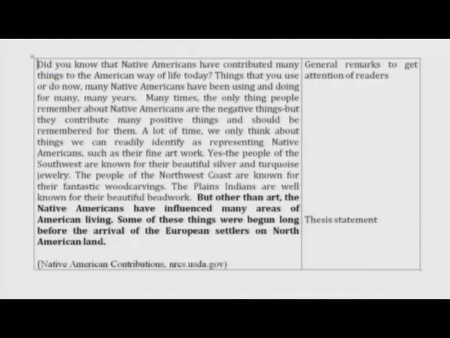So, as you can see, this introductory paragraph starts with some general statement, some general remarks. The main idea here is to attract the attention of the readers. So, the beginning is actually quite dramatic.